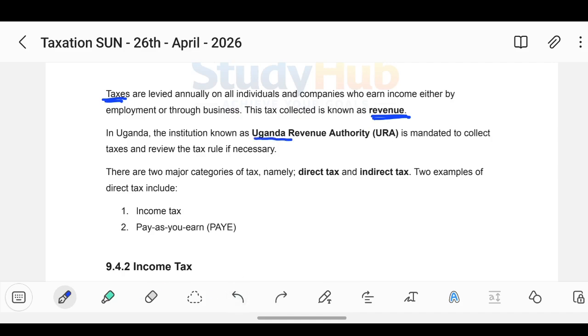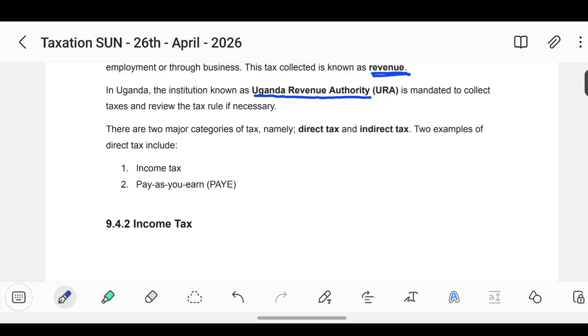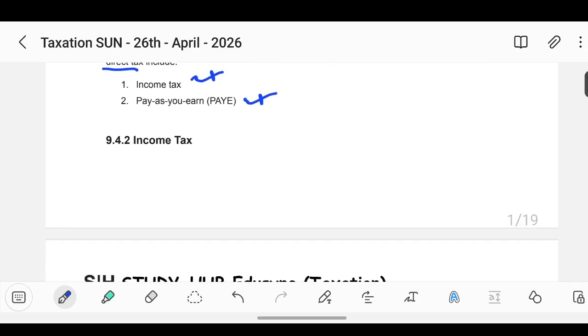So you have to know that. You have to know where your taxes are going as a good citizen. And we have two major categories of tax. We have the direct tax and the indirect tax. The two examples of direct tax are income tax and pay as you earn, sometimes called payee.